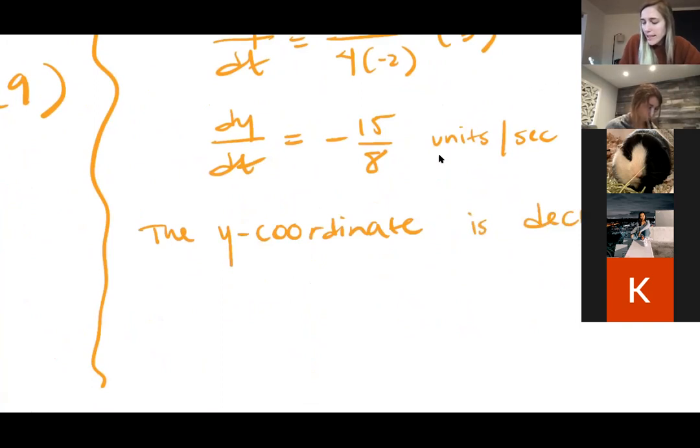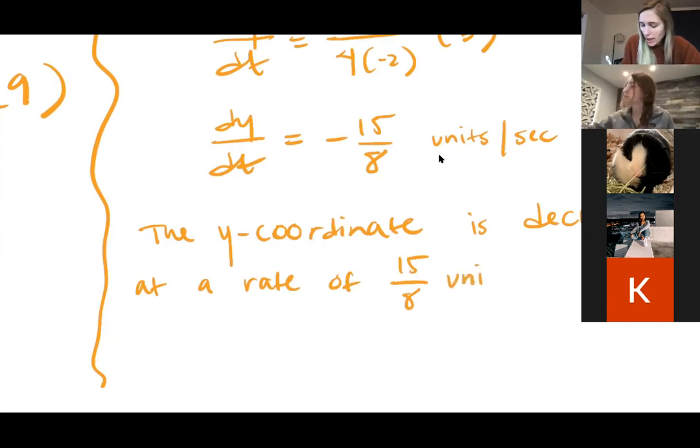So it is decreasing at a rate of 15/8. I don't need to put negative 15/8 because I've described the negative by saying the rate is decreasing. So 15/8 units per second.